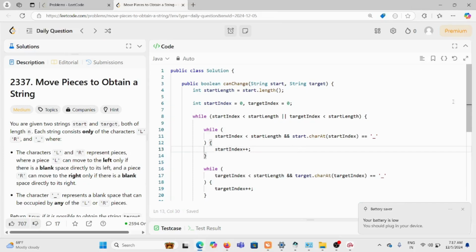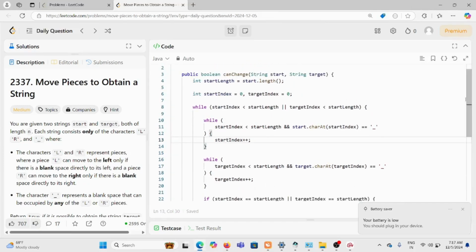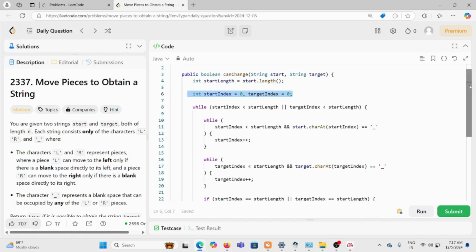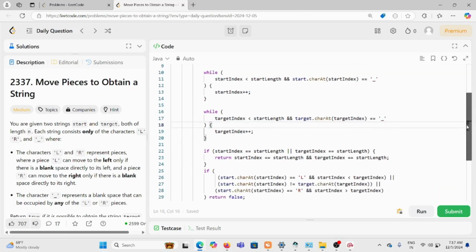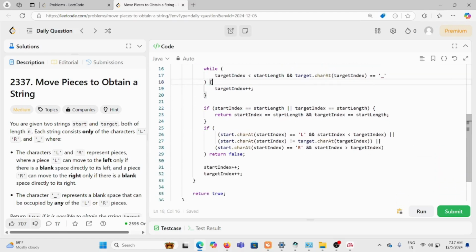So see here, these are my two pointers. These are the lengths, and we have the start index and target index. While they are less than their respective lengths, we are ignoring the underscores. We keep increasing the start index, similarly the target index, whenever we encounter an underscore, and then we keep going.